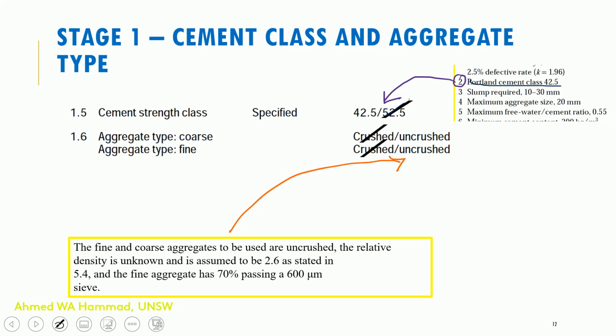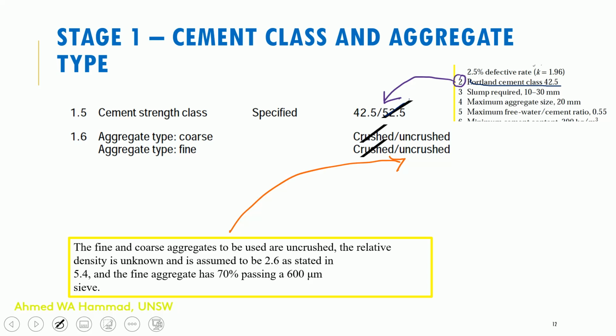You have two common classes for Portland cement, the 42.5 and the 52.5. That's specifically true in Europe, where you've got these two classes of Portland cement. So in the question, it says that it's 42.5, the class of cement that the client wishes to use. And so we cross out the 52.5, and then we move on to step 1.6.